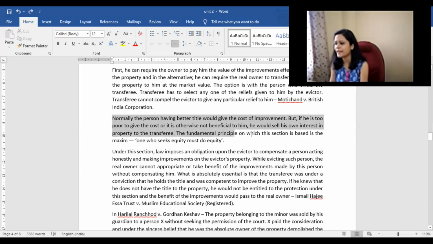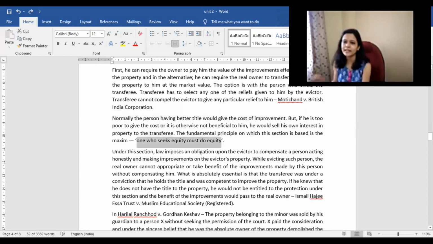The fundamental principle on which this section is based is that one who seeks equity must do equity. Okay, if you are saying that this needs to be given to me based on equity, you also need to do something right. You were acting in good faith, believing that you did the construction and other things.